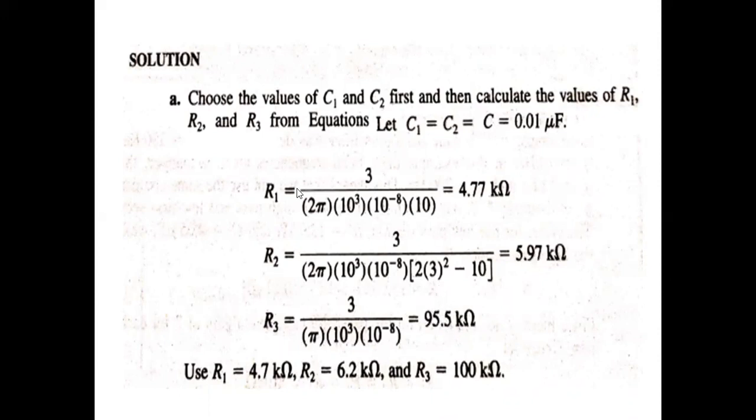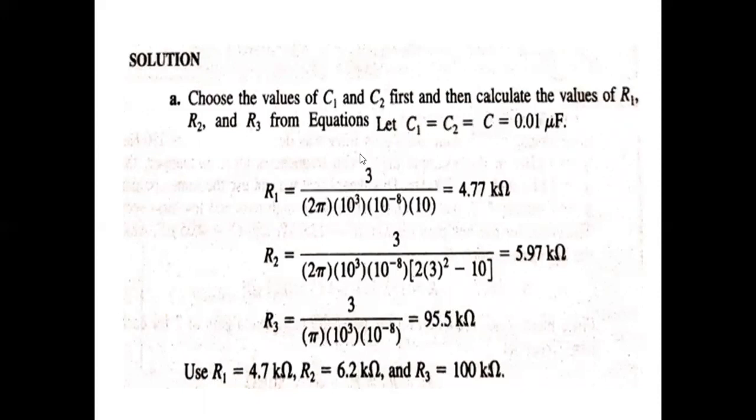Use the corresponding equations of the narrowband filter and you are going to get these values. As you know, R1 is equal to quality factor divided by 2 pi FC into C into AF, that is the passband gain. In a similar way, you can calculate the value of R2.